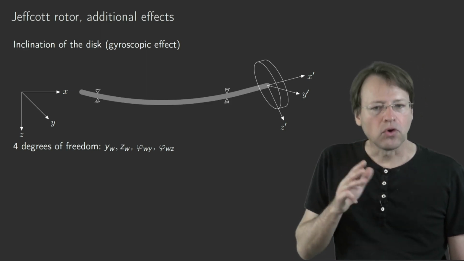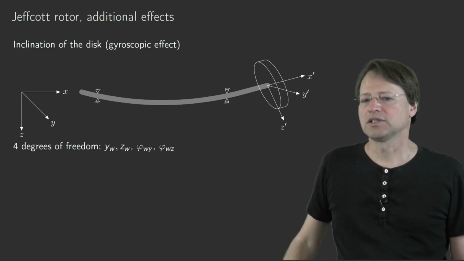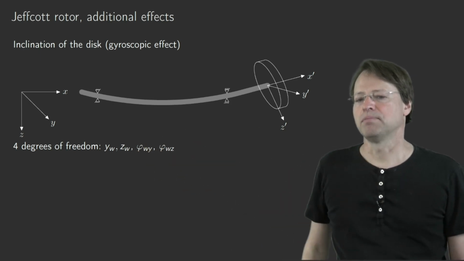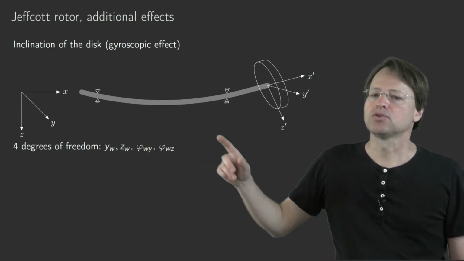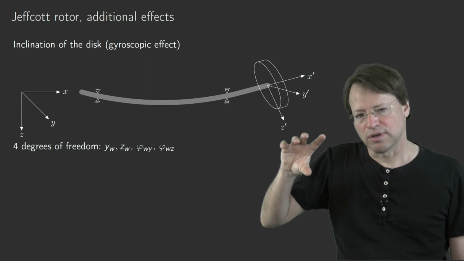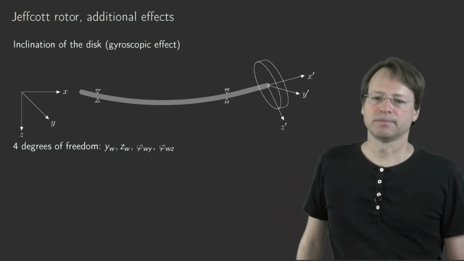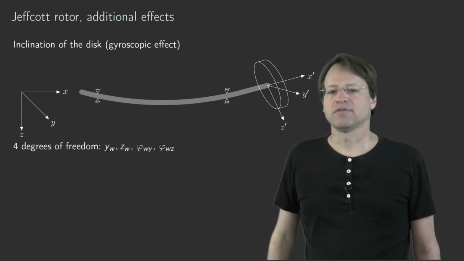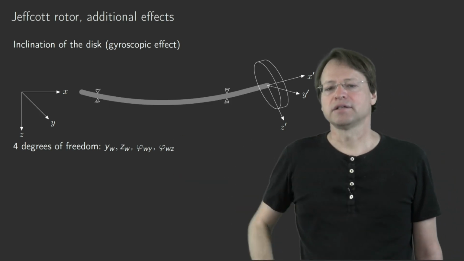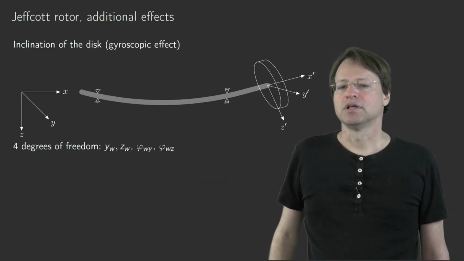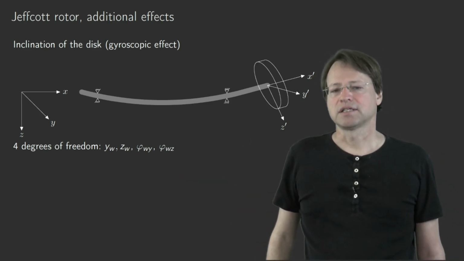So we have in total 4 degrees of freedom. The classical 2 degrees of freedom describe the bending vibrations. The other 2 degrees of freedom describe the inclination of the shaft, and therefore the angles phi sub y and phi sub z.